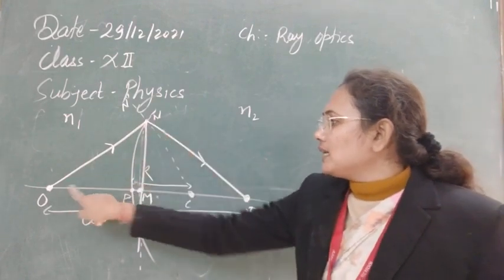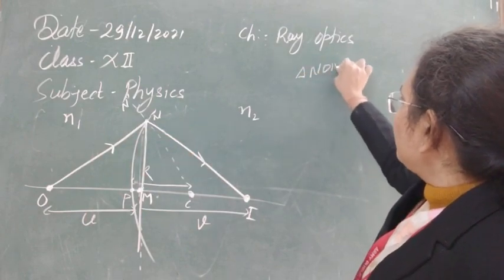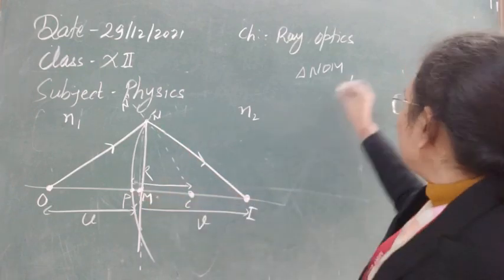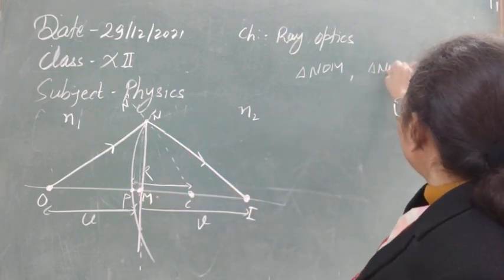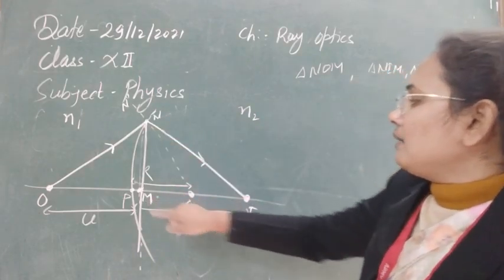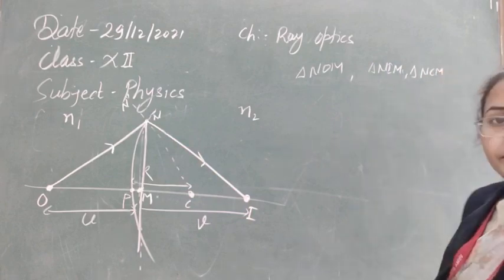The first triangle is triangle NOM. The second triangle is triangle NIM. The third triangle is NCM. We will take the help of these three triangles.